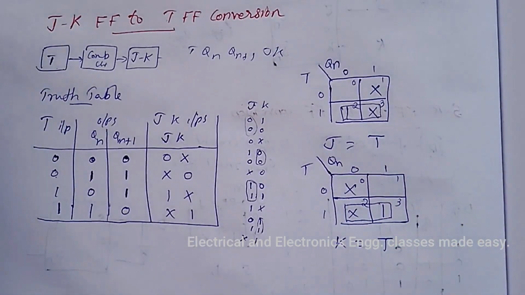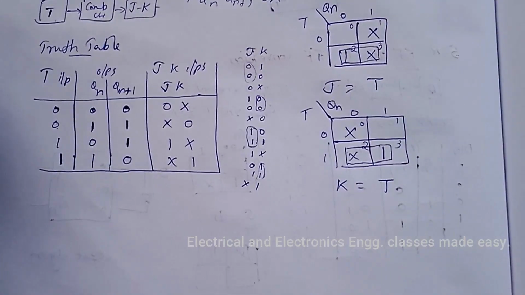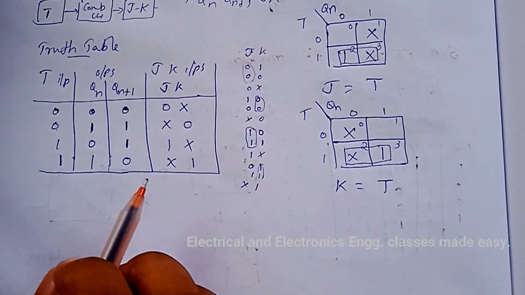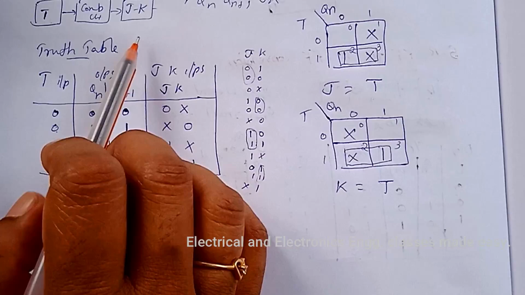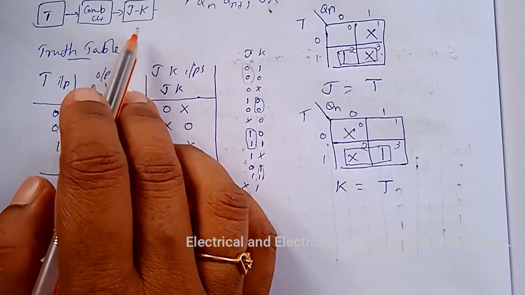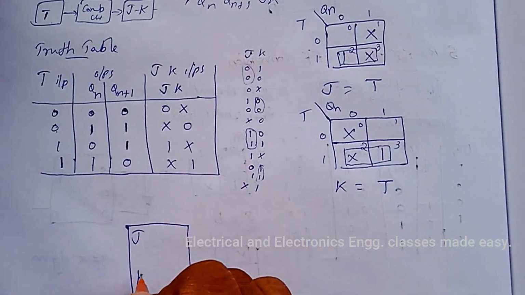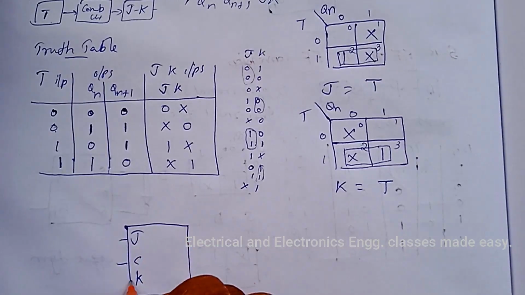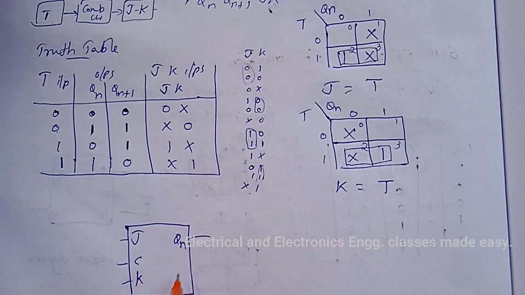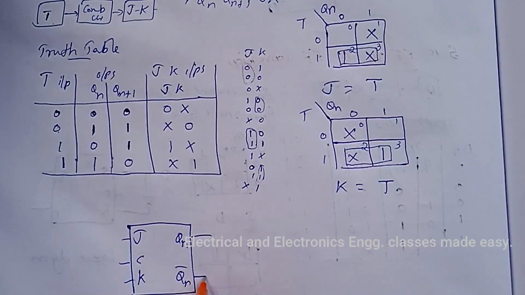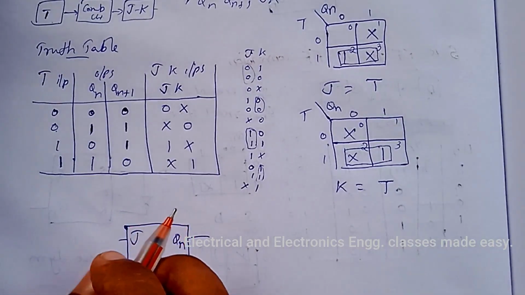Now we can draw the logic diagram. So first of all, draw the actual flip-flop. So actual flip-flop is JK flip-flop. So draw the JK flip-flop. Then Qn and Qn bar are the outputs.